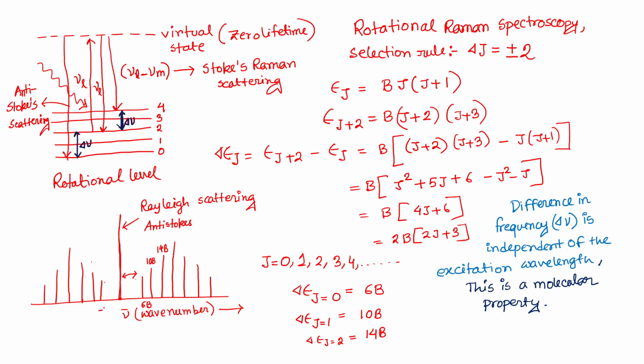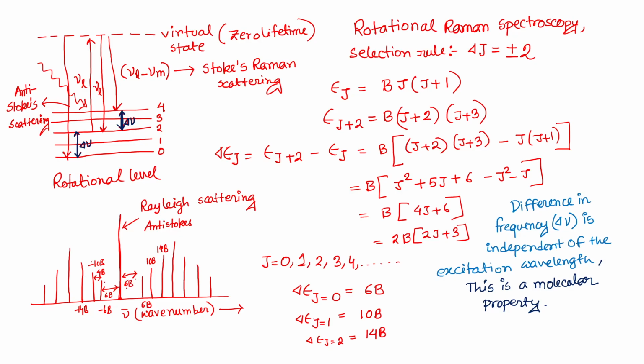The first line will come at minus 6B, then minus 10B, then minus 14B. So the gap between each spectrum is 4B, but the gap between the Rayleigh and the first rotational Raman line will be 6B.